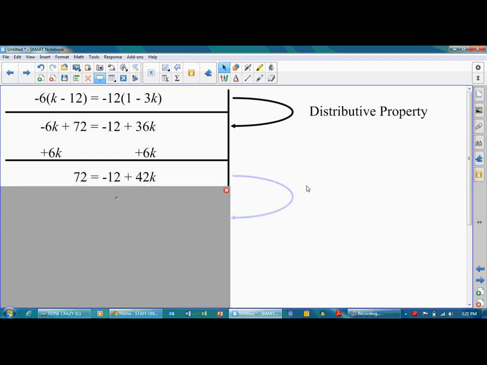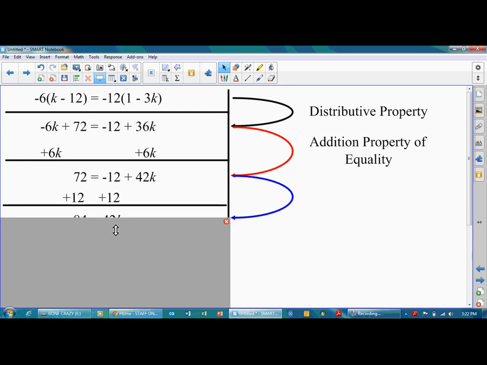And since we added, that's the addition property of equality. Now we need to get rid of the negative 12, so we have to add that to each side, and we end up with 84 equals 42k.